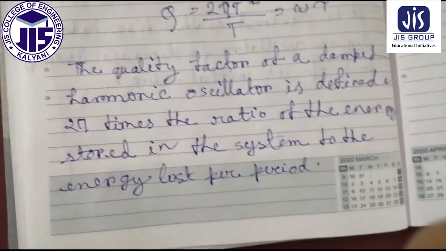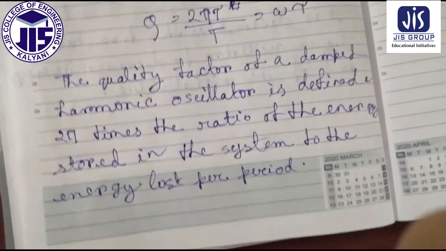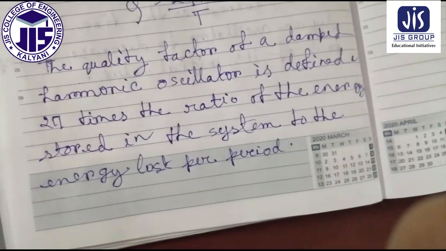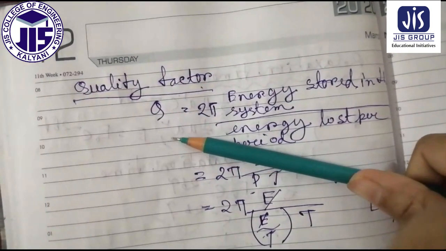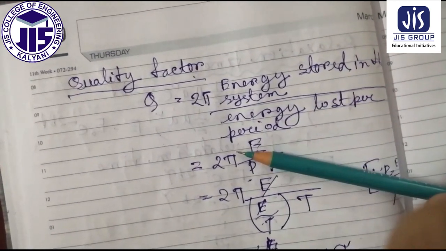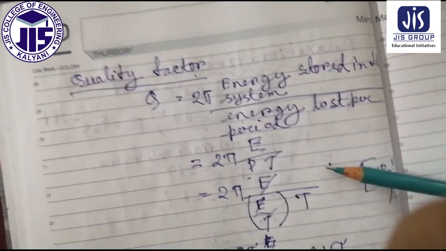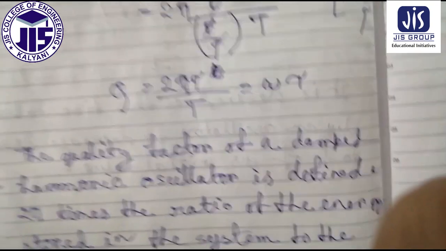So this is the definition. The formula is Q equals 2 pi into energy stored in the system divided by energy lost per period, and finally we have the expression Q equals omega into tau.